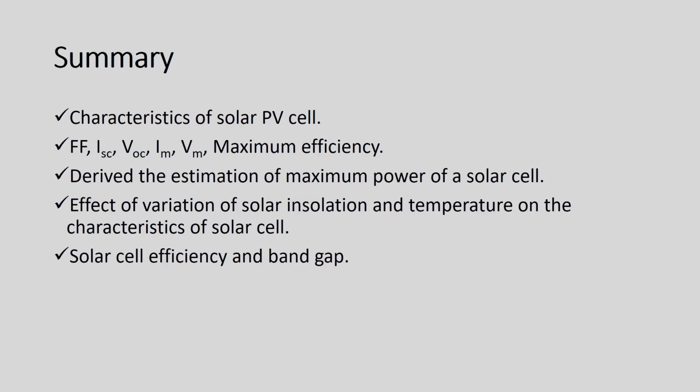Also we have studied the effect of variation of solar insolation and temperature on the characteristics of a solar cell. Finally, we have studied solar cell efficiency and band gap.